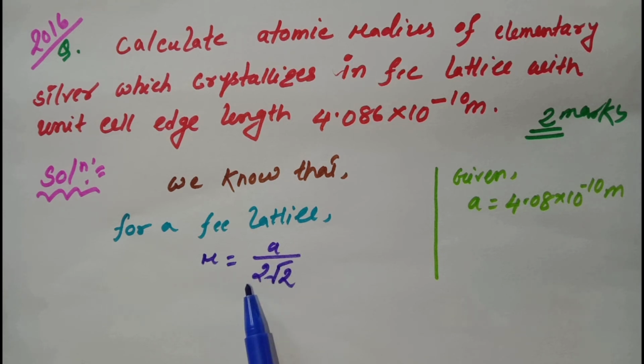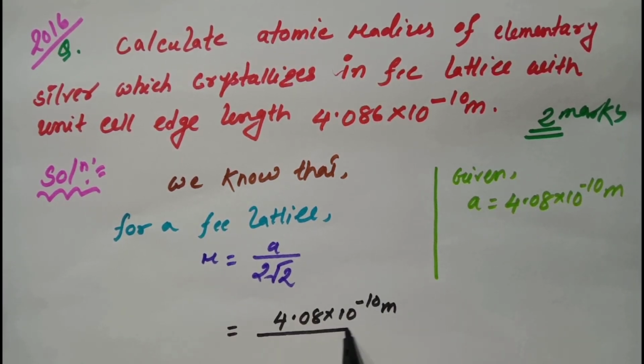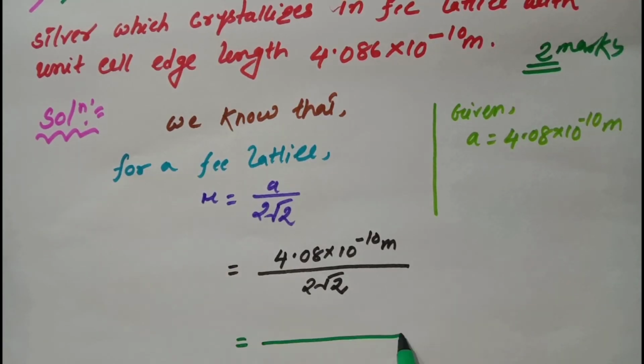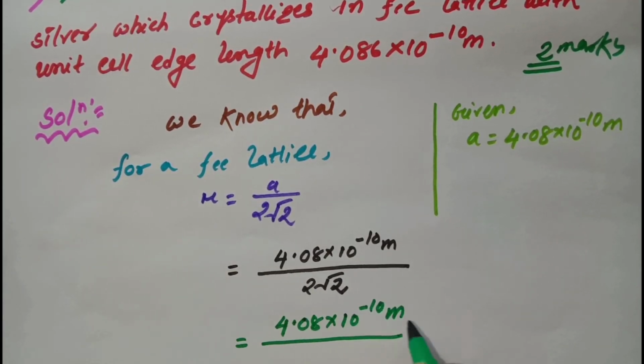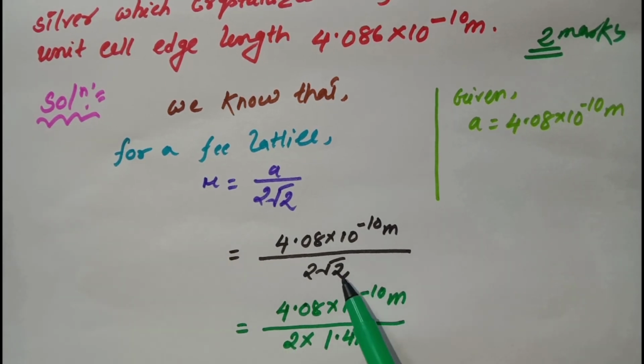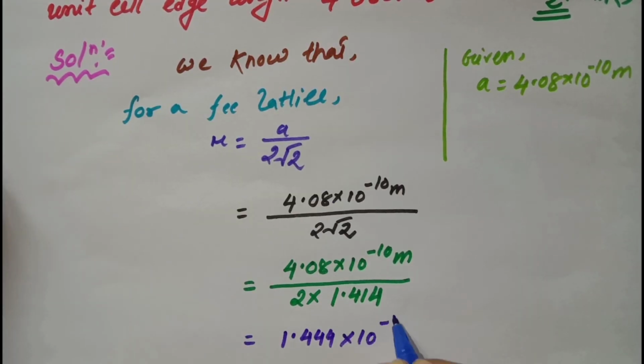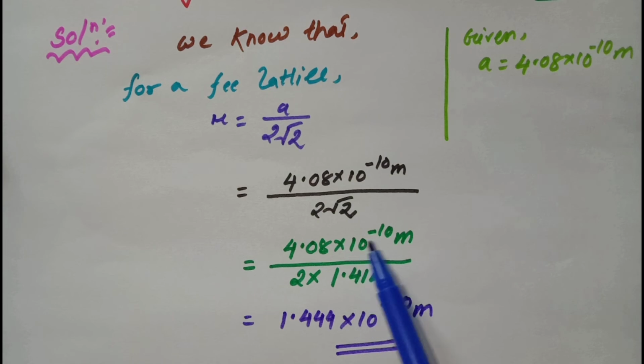This is the relationship between atomic radius and edge length in case of an FCC unit cell. √2 is nothing but 1.41. After calculating all the values, we get the resultant value, which is equal to 1.444 × 10^-10 meter, which is the atomic radius of that unit cell.